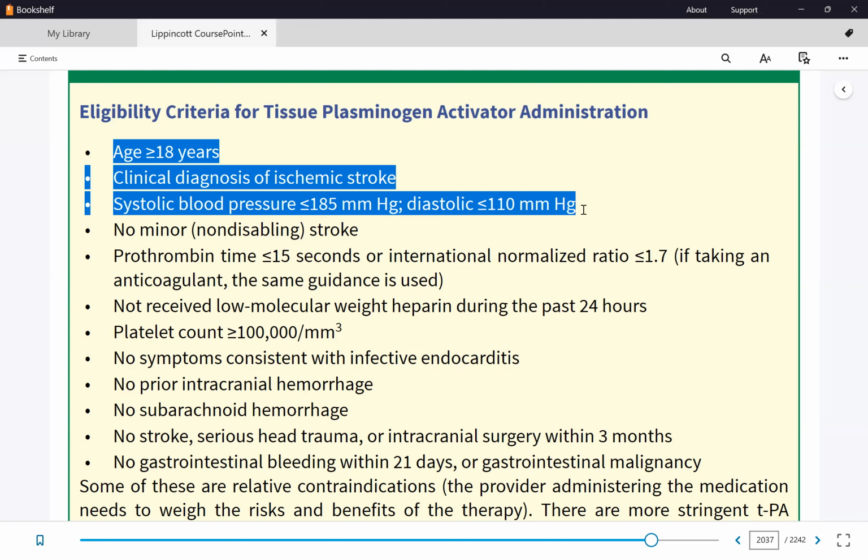Now, don't let this be a contraindication, meaning if the blood pressure is high, then simply what do we do? Lower it first. So you give an IV labetalol or IV nifedipine. Nifedipine is a calcium channel blocker. So we drop the blood pressure and then we give the alteplase.